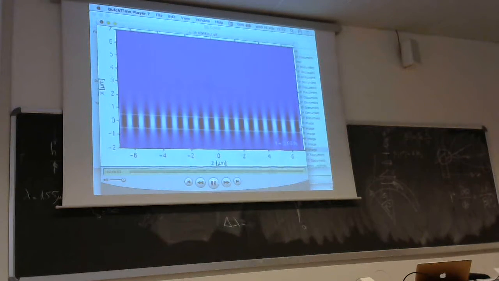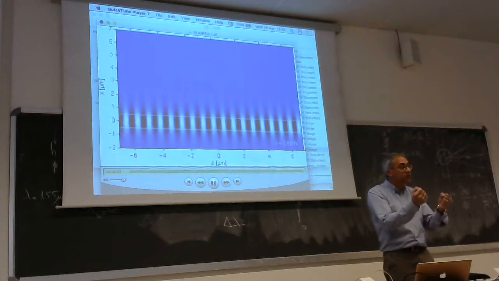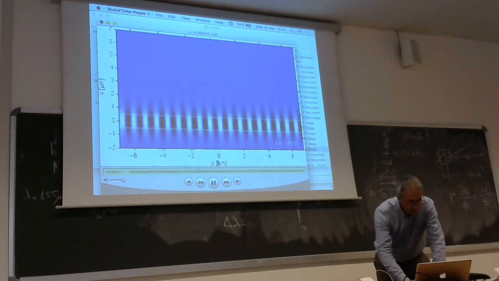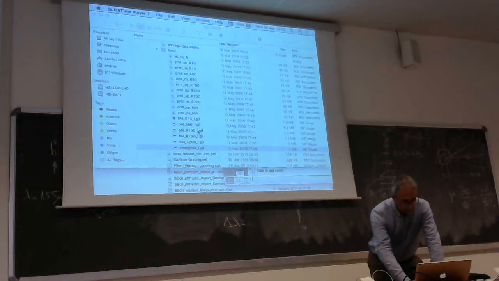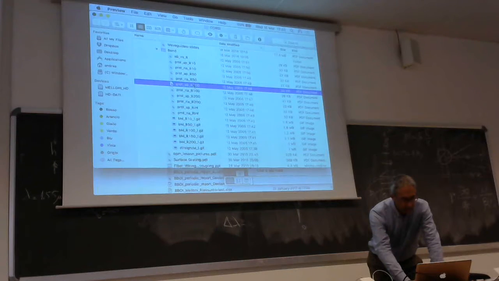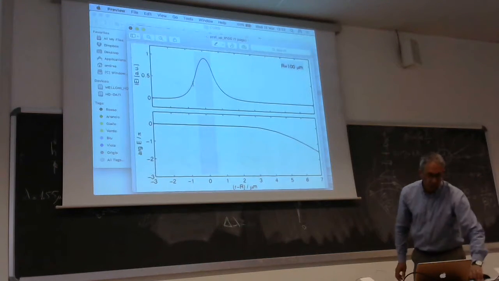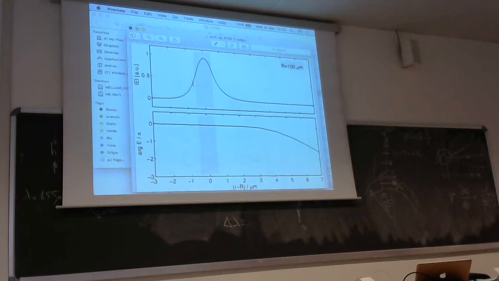Straight waveguide. Now, let's start to bend the waveguide. It's more difficult. For example, 100 micron, we bend this waveguide. So this is the intensity of the mode.